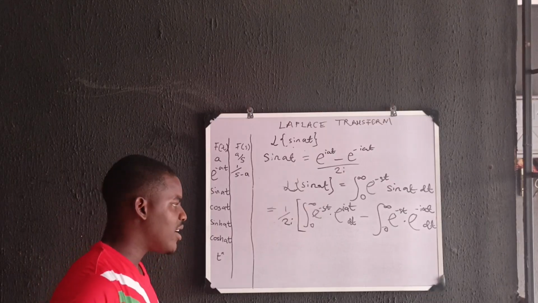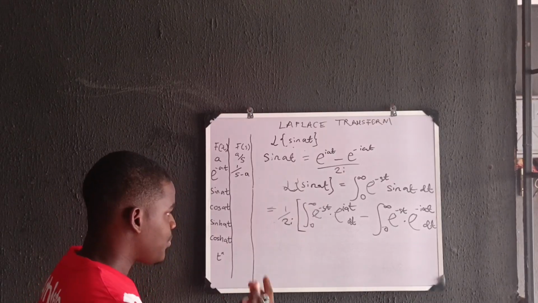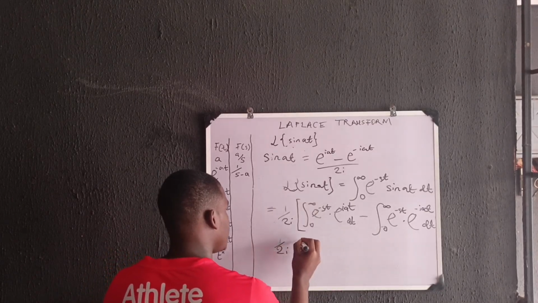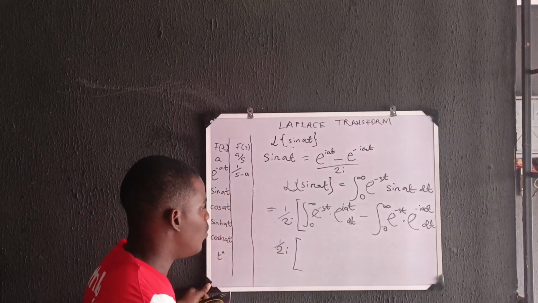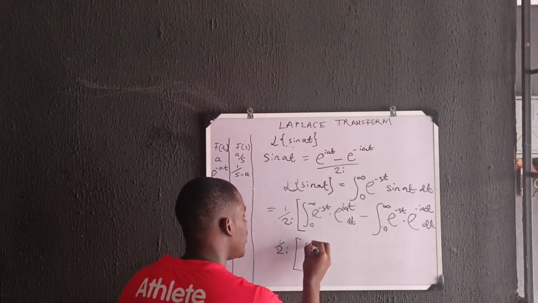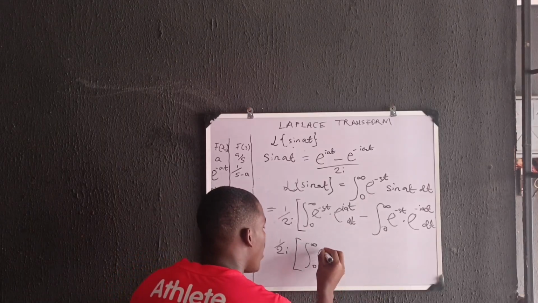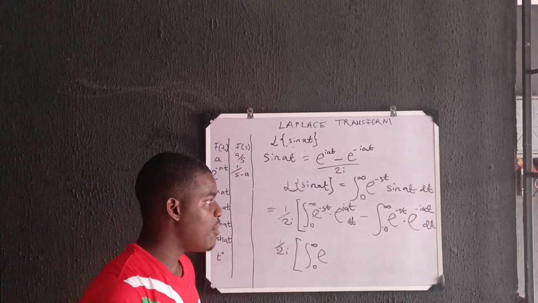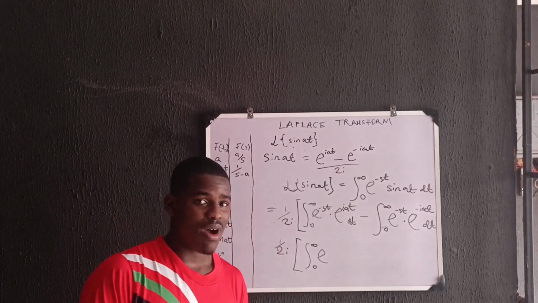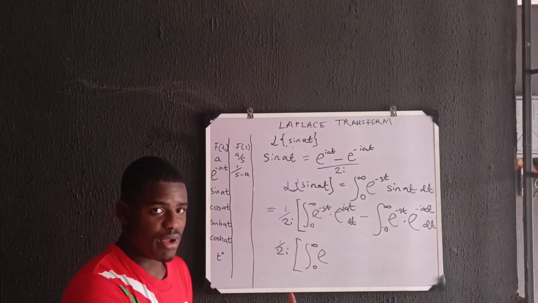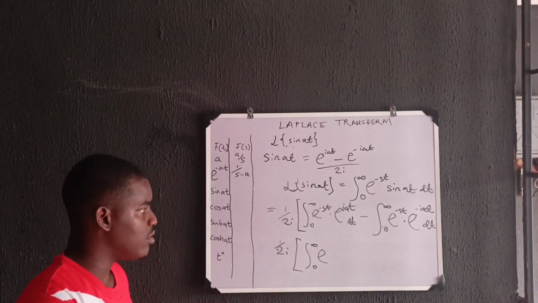So now what do we have next? We have to simplify this. So 1 over 2i remains outside. And then we now have the integral from 0 to infinity, e to the power. Remember, anytime you're doing this, just know that your s has to be in front. Your s always has to be in front.